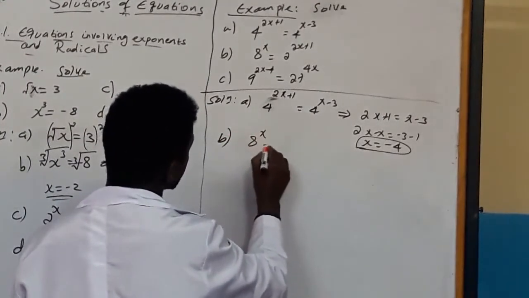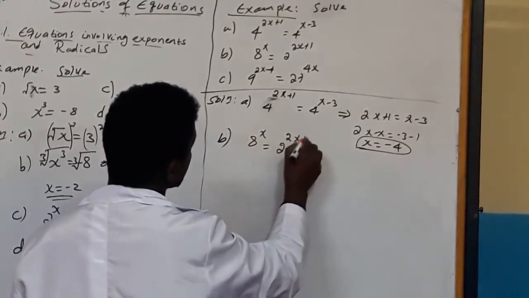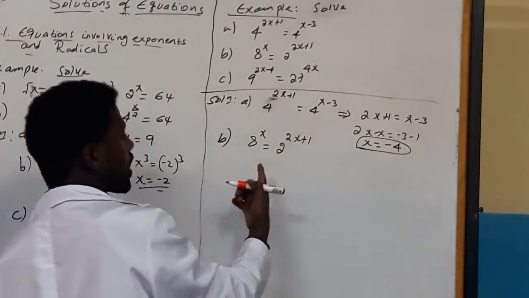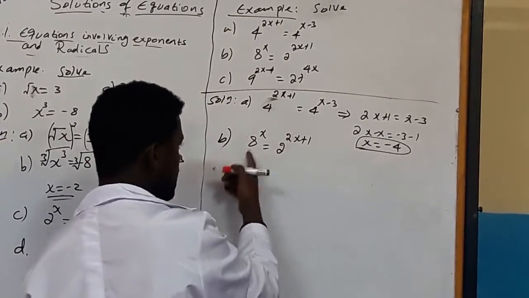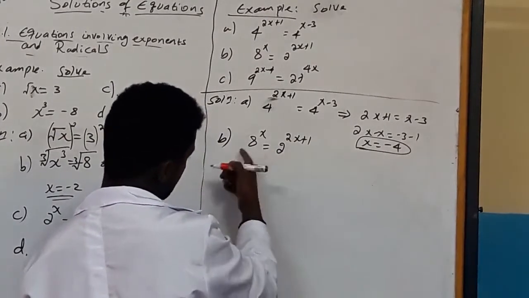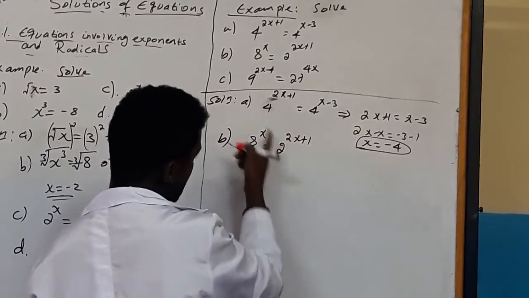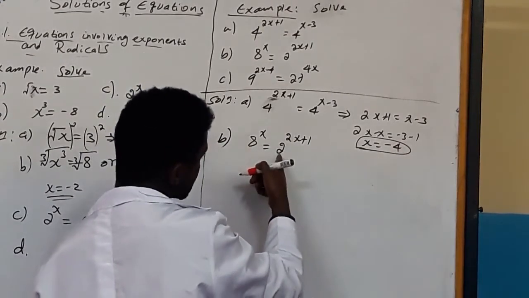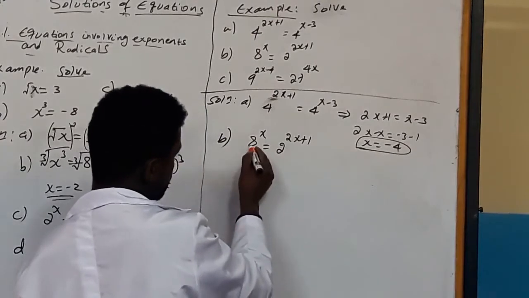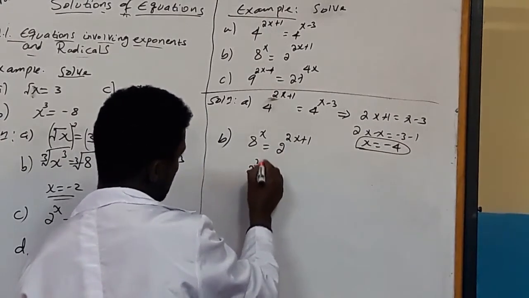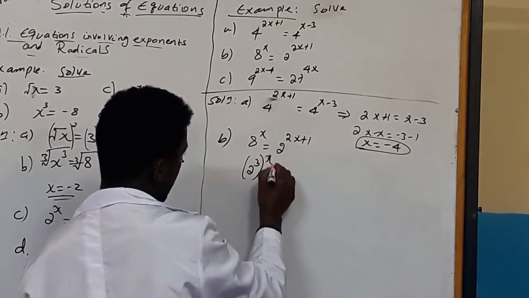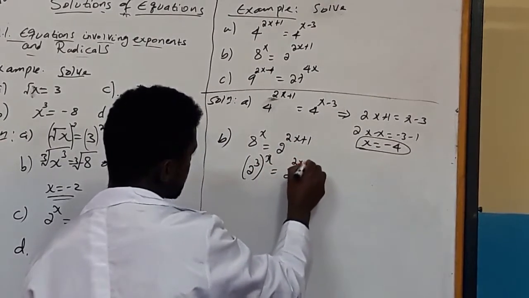B, when you come to B, it says what? 8 to the power of x is equal to 2 to the power of 2x plus 1. In this case, we have to make the bases the same, right? The bases are different, but it's possible to change 8 to a power form of the number with base 2. So you can write 8 as 2 to the power of 3, so (2 to the power of 3) to the power of x is equal to 2 to the power of 2x plus 1.